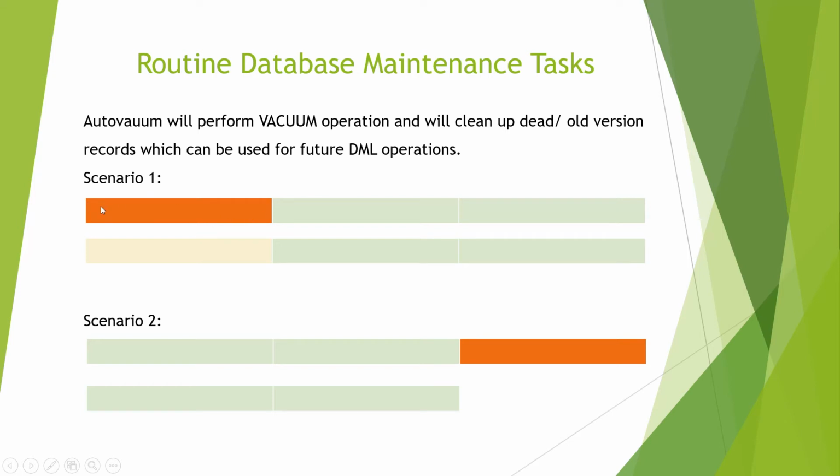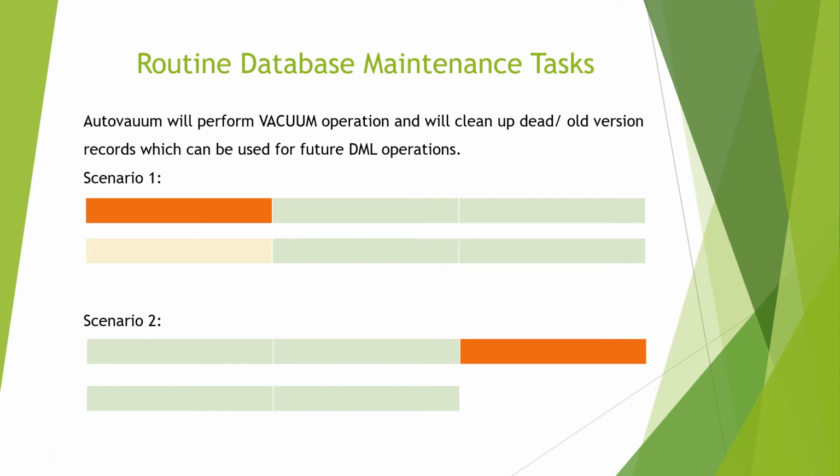After the autovacuum process, this space will be there as it is, and it can be reused for future DML operations. In the second scenario, for example, if I deleted the last set of records, after the autovacuum operation, it will reclaim the space.